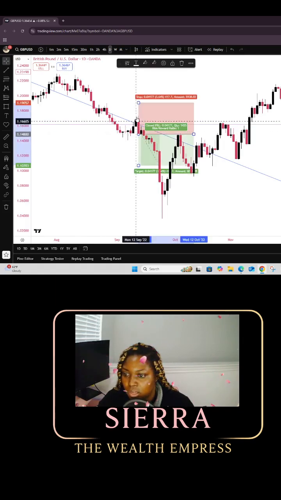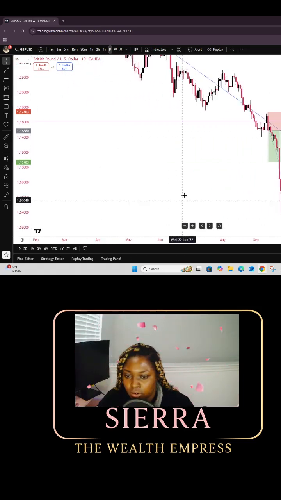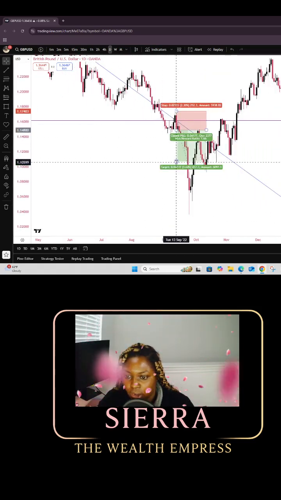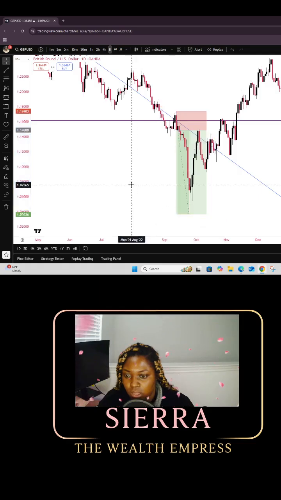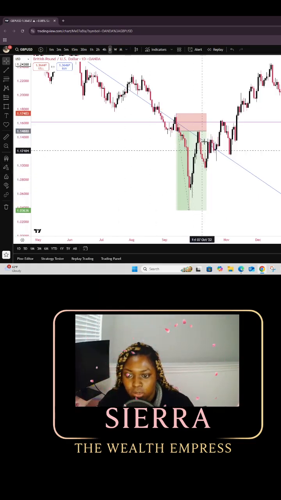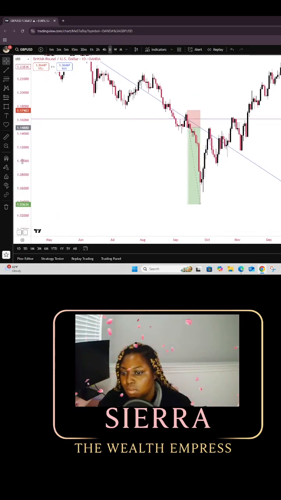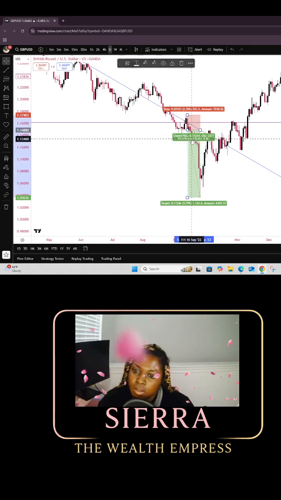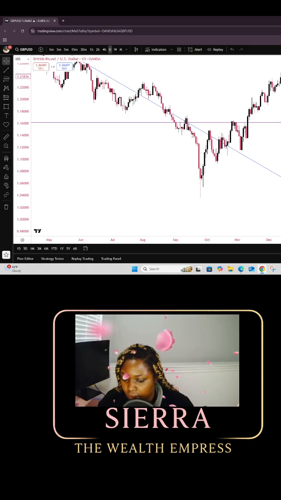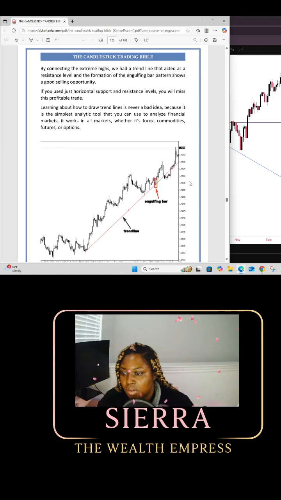So even if you went from here to here, and I'm sure there's a zone somewhere over there, the whole thing would have been a 4-to-1. Okay. So I definitely do love engulfing candlestick patterns.